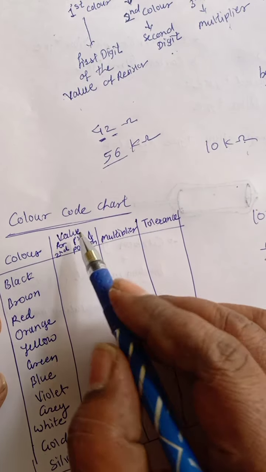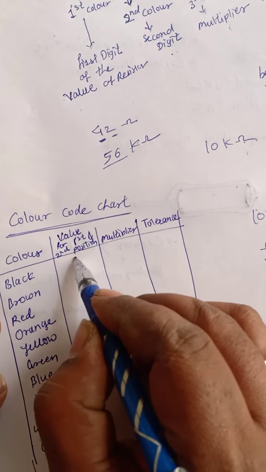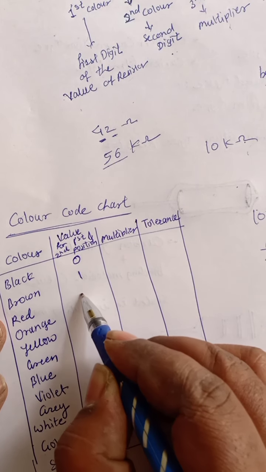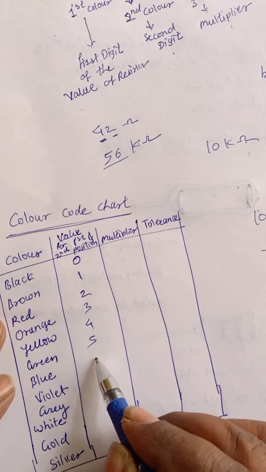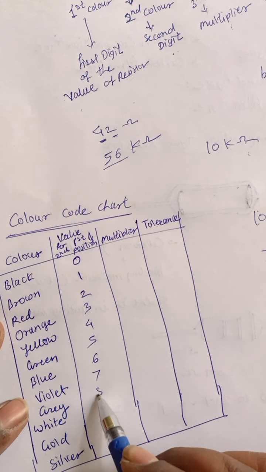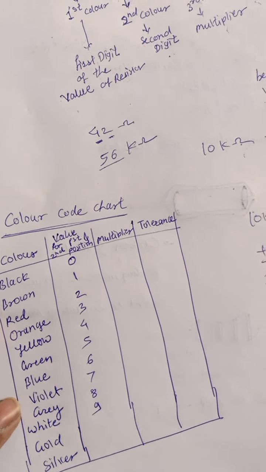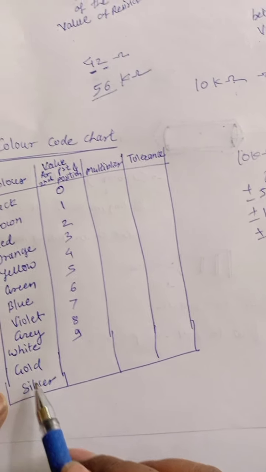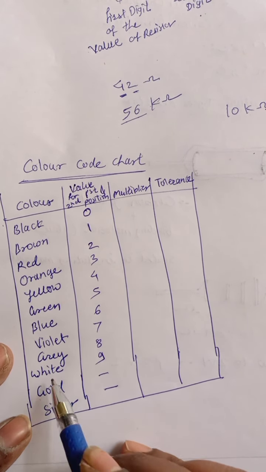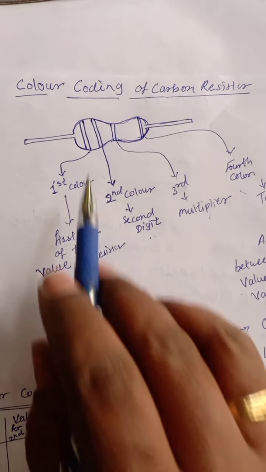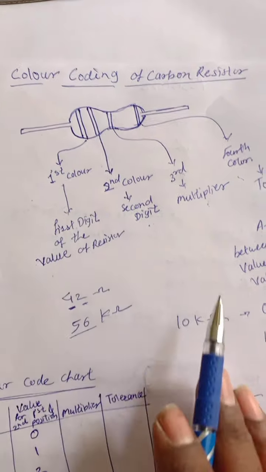So black represents 0, brown 1, red 2, orange 3, yellow 4, green 5, blue 6, violet 7, grey 8 and white 9. Gold and silver are never at the first and second positions.